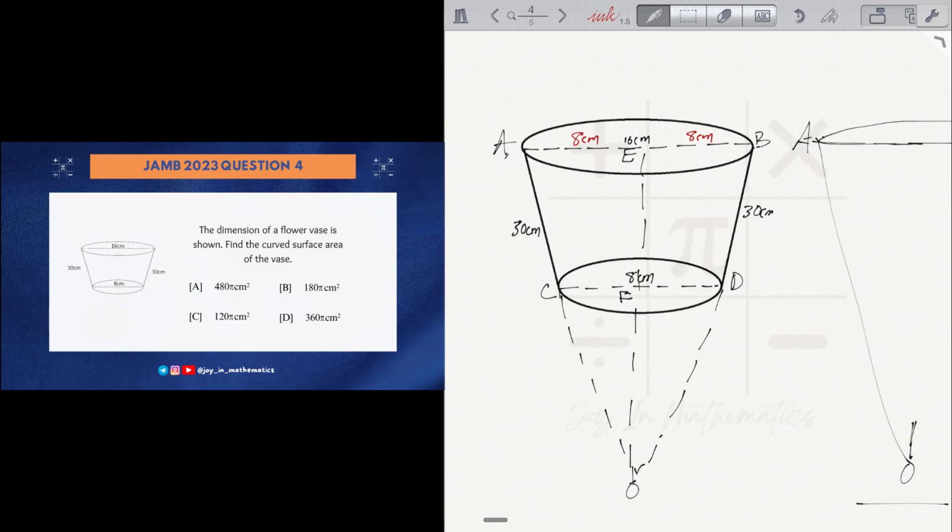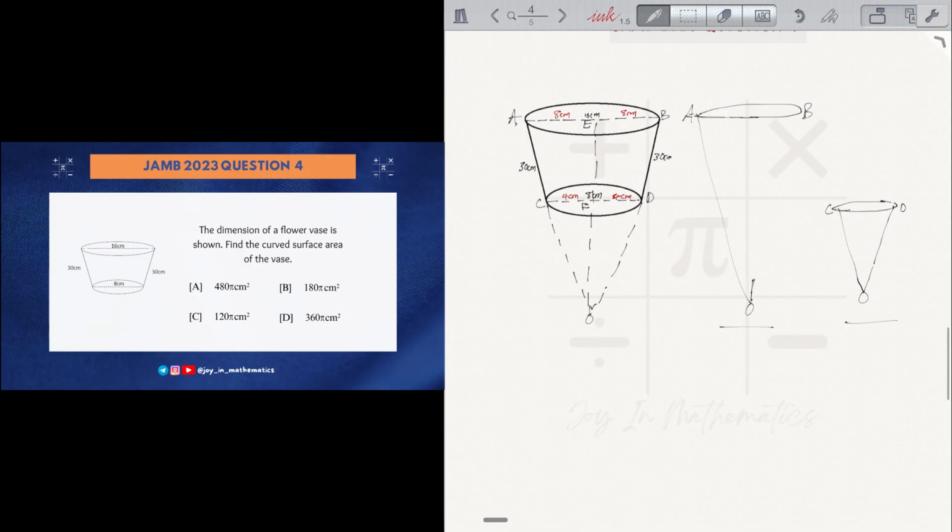Similarly, we know that CD, the length is 8 centimeter. So we can come to a conclusion that CF, which is the bisector of CD, is 4 centimeter and FD is also 4 centimeter.